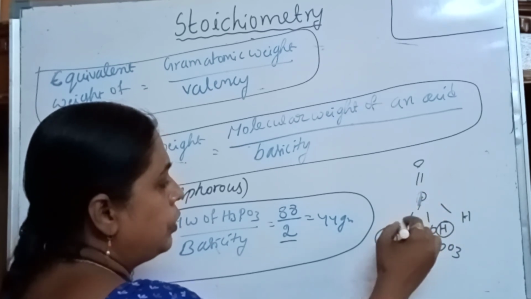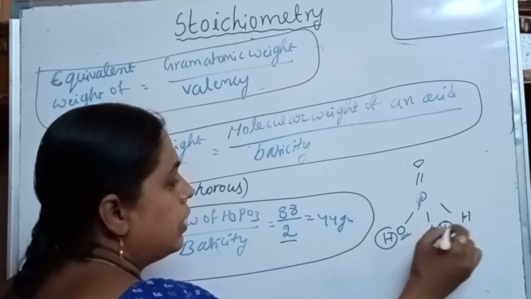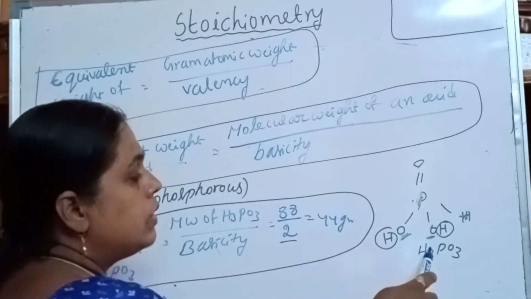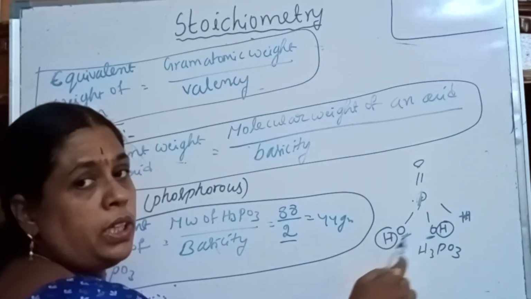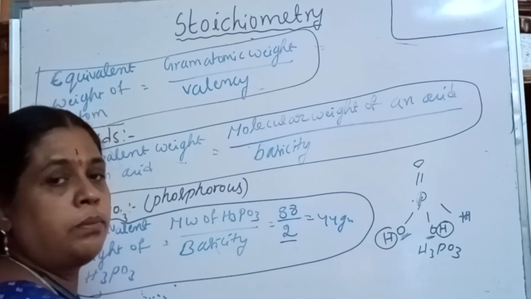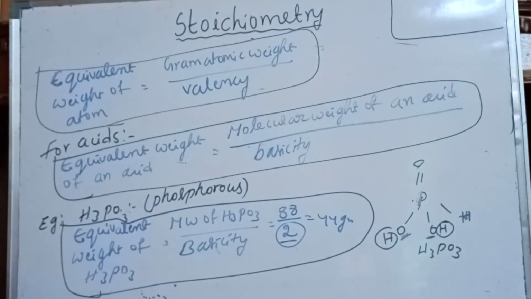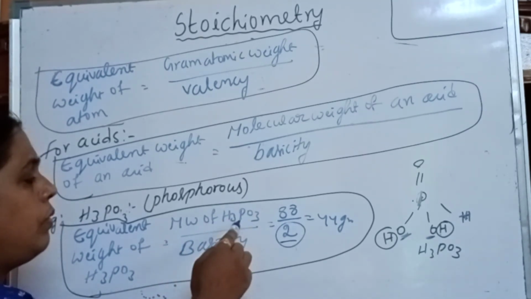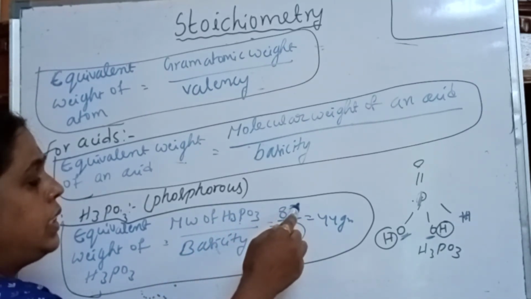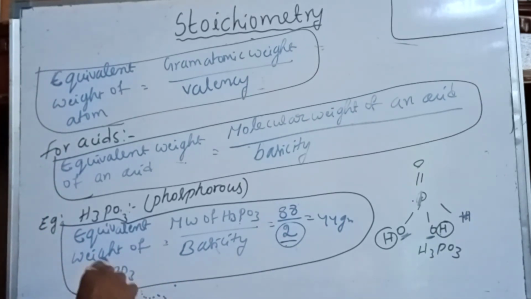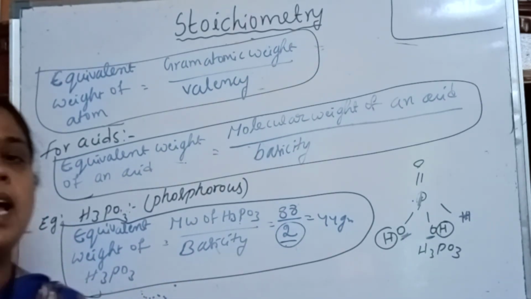Two hydrogens are bonded with phosphorus through oxygen, as OH groups, and the other hydrogen is bonded directly to phosphorus. Only these two hydrogens are replaceable with metals, so the basicity is 2. The molecular weight is known from its molecular formula, 88. So 88 by 2 is equal to 44 grams, the equivalent weight of phosphorus acid.